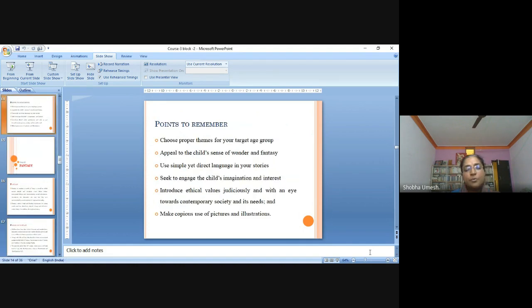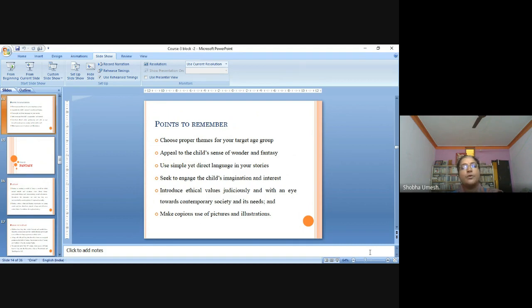So, what are the points we have to keep in mind when we think about writing stories for children? The first thing is we have to choose proper themes for your target age group. For what age group are you writing? What themes can you take up?